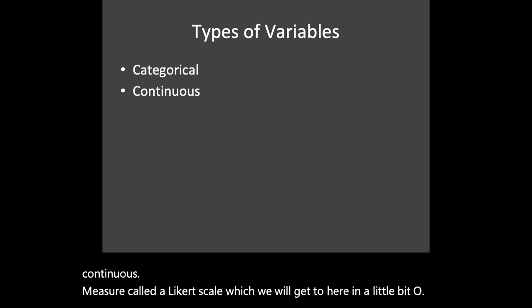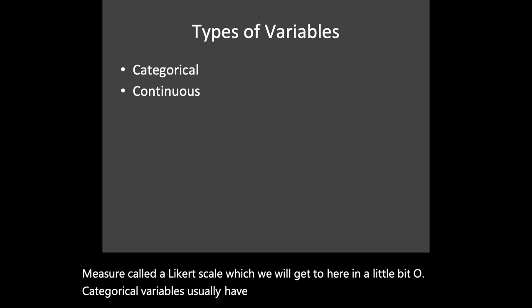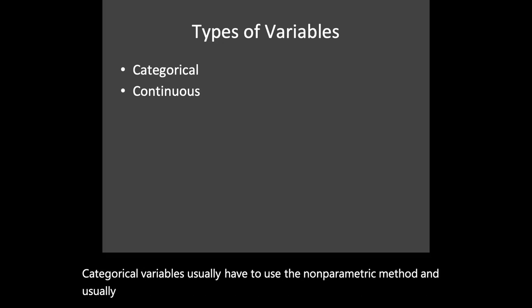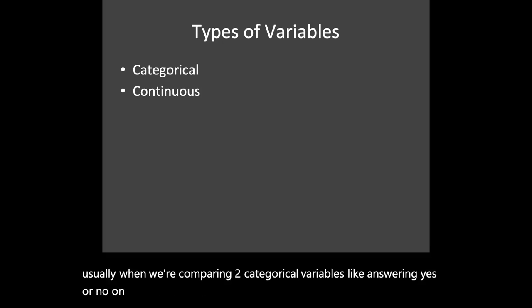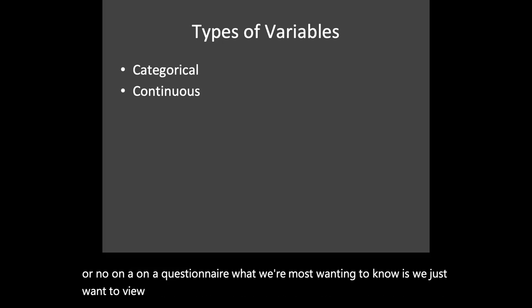Categorical variables usually have to use the non-parametric method. And usually when we're comparing two categorical variables, like answering yes or no on a questionnaire, what we most want is to view or display the data so that it makes sense. So let's say we have a yes, no on are you happy today?